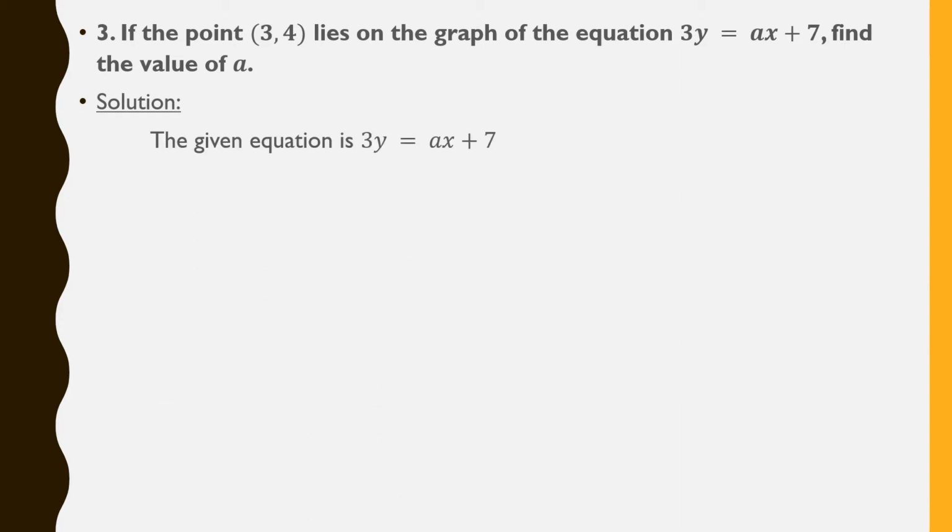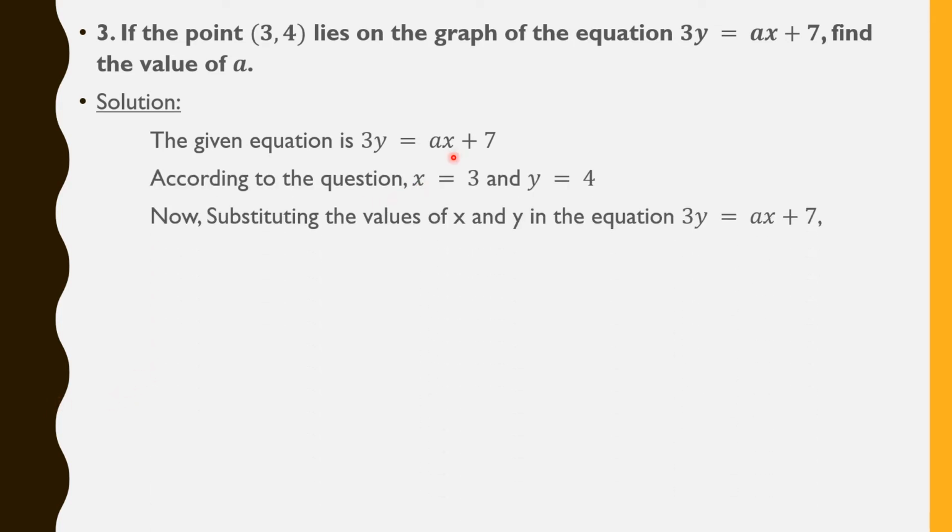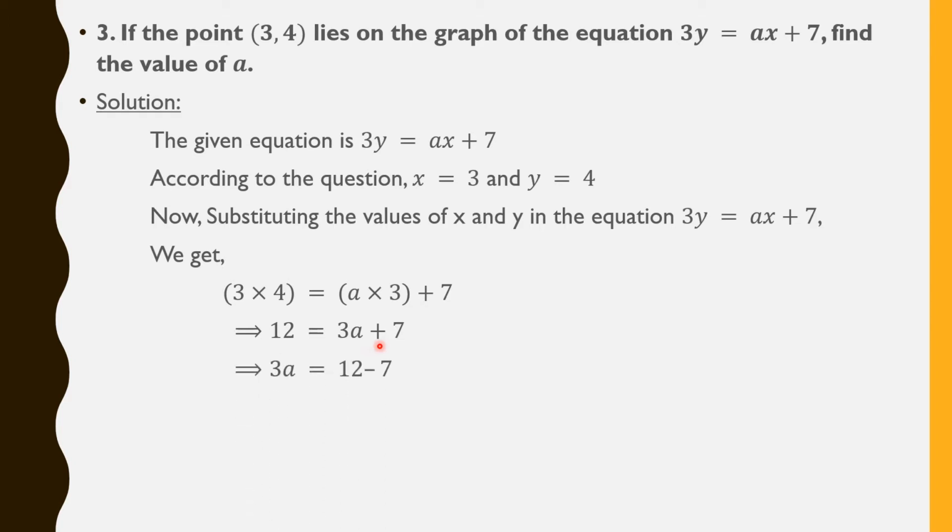The given equation is 3y = ax + 7 and our given point is (3, 4). So now substituting x = 3 and y = 4 in 3y = ax + 7, I will get 3 into 4 equals a into 3 plus 7, which gives 12 = 3a + 7, which implies 3a = 12 - 7, on taking the constant and variables on each side, which gives 3a = 5.